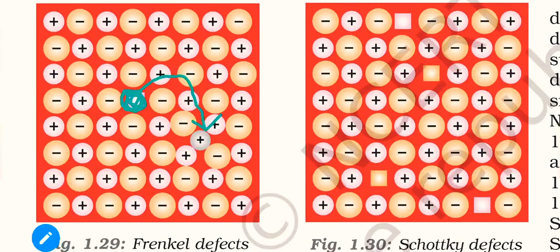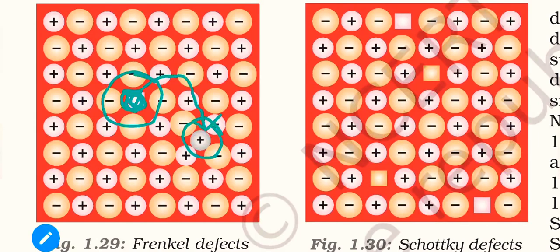It should be empty. No particle or ion should be present at that location. It should be a void, but instead the positive ion occupies the space. That means it occupies an interstitial site. So because of this type of defect, the original or normal location of that particle now has a vacancy defect, and the new location has an interstitial defect.